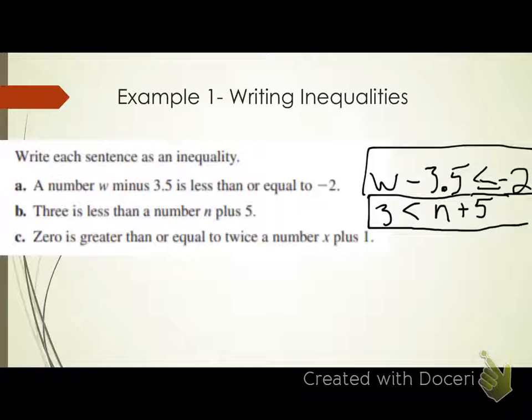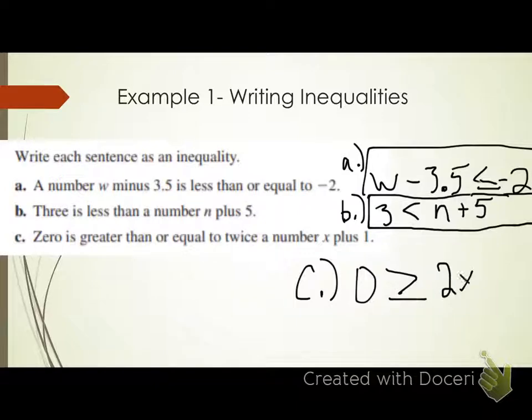So there would be my inequality for letter B. And let's look at letter C. 0 is greater than or equal to twice a number x plus 1. So 0 is greater than or equal to twice a number x, so 2 times x, plus 1. So there would be my inequality for letter C.